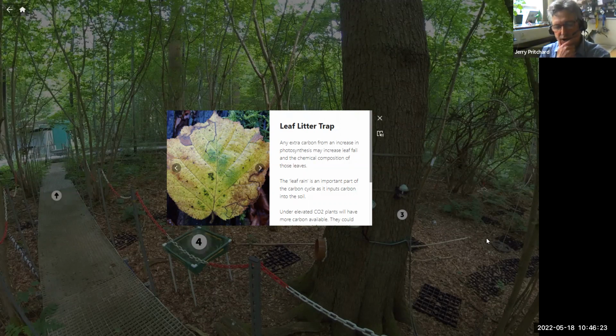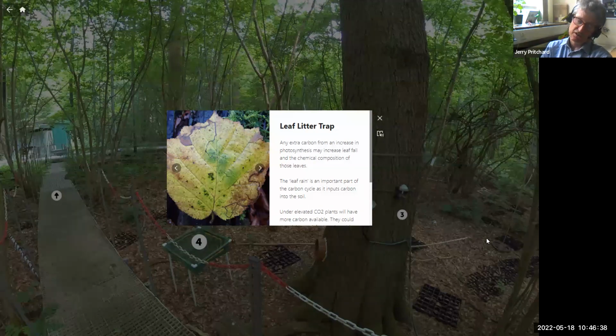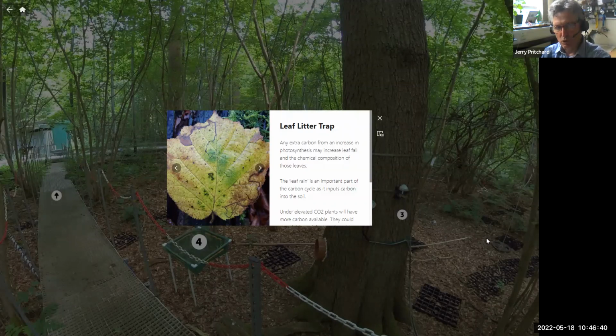Now, if the tree has more carbon, then it could potentially defend itself better. It could have more secondary compounds to poison attacking herbivores and pests, or alternatively, if you just put more carbon in the leaf, you might be diluting the nutrients that the herbivores are after, and therefore they might actually eat more. So we have 2 alternatives. Under elevated CO2, you could get more herbivore damage, or you could get less. And that's one of the things that we're starting to look at.